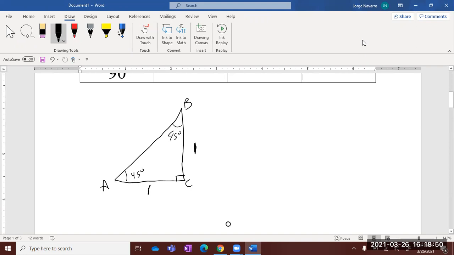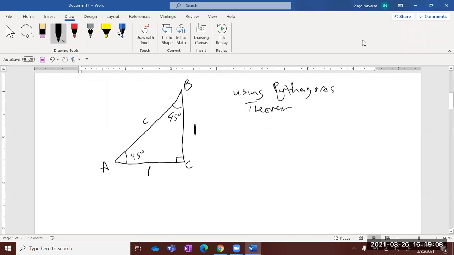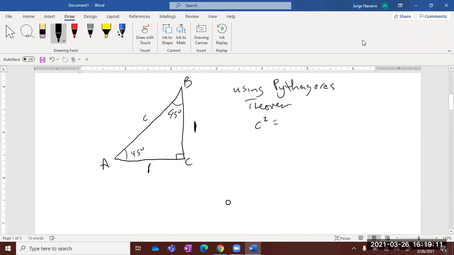I have no idea what the C is going to be. I don't know what the hypotenuse is. So to find the hypotenuse, I'm going to be using Pythagoras theorem. Pythagoras theorem says C squared equals A squared plus B squared.